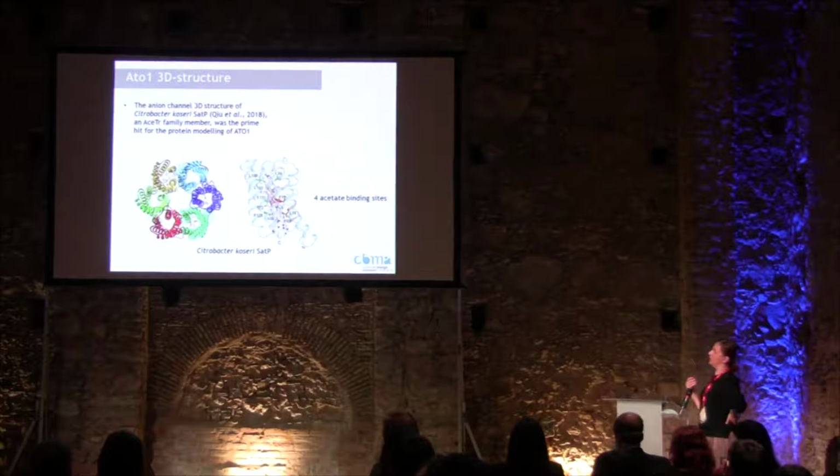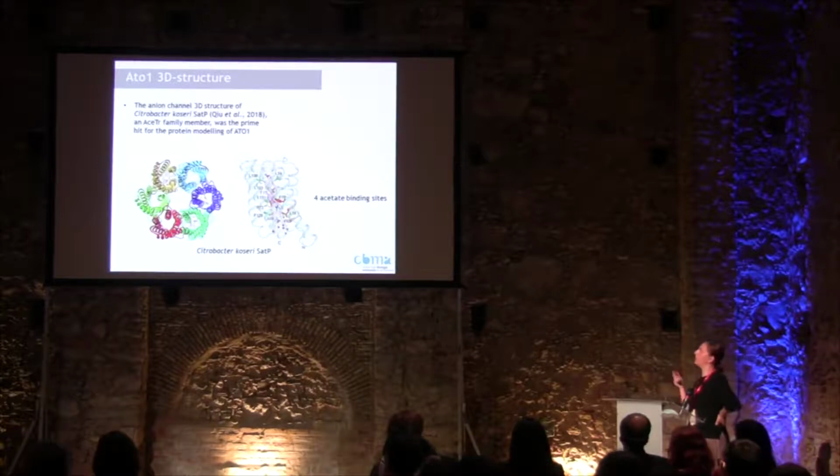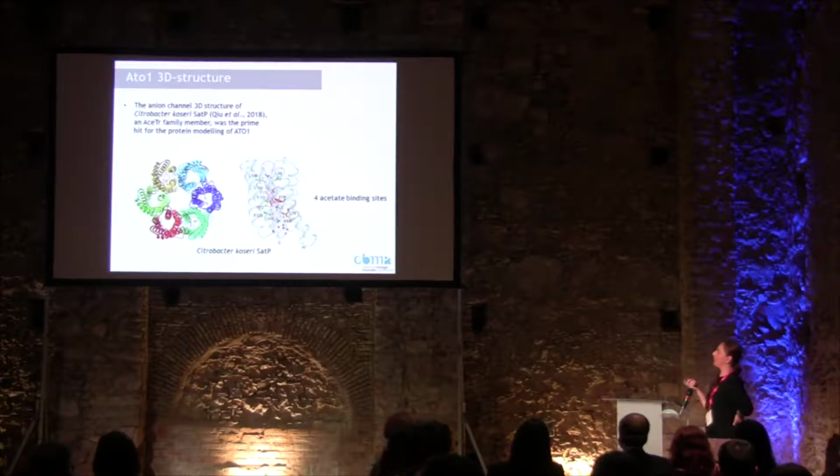At that time, Professor Margarida Casal had a collaboration with Professor Margarida Archer, and they were successfully producing the bacterial homolog of ATO1, but then there was a group from China that got ahead of us and got the crystal structure of this permease, which they call a channel as well.